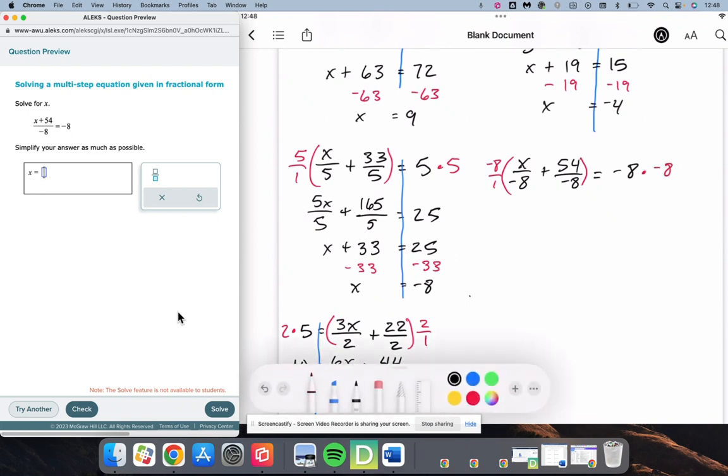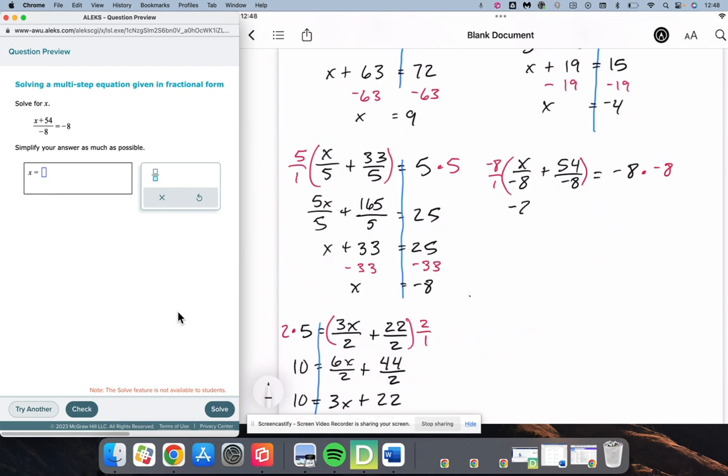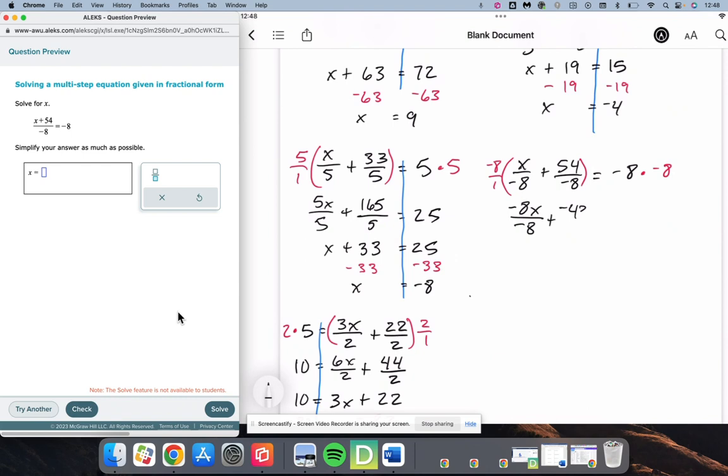And we will get negative 8x over negative 8 plus, get my calculator just to be safe here, 432, and it is a negative 432 over negative 8 is equal to positive 64.